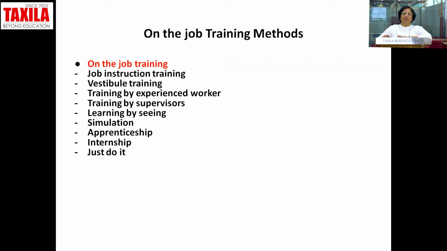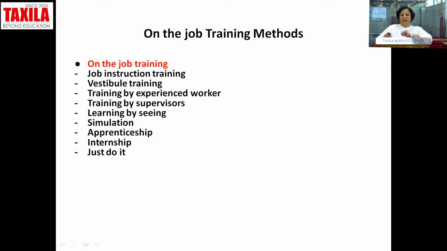After reading these instructions, after listening to these instructions, or after having a printout with them in the form of instructions from the organization, it is expected that the employee goes through these instructions and starts working. On the job training, the simplest method.